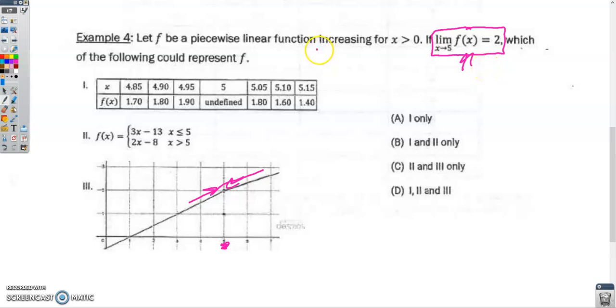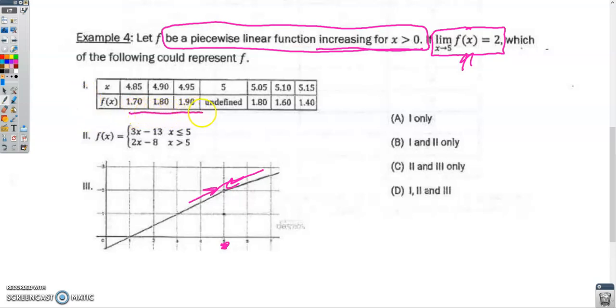The question is, which of them pass this test? Is it a piecewise linear function increasing for x greater than 0? So looking at choice I, the values are increasing up to 5, but then as we go above 5, the values are decreasing. So this one does not work.